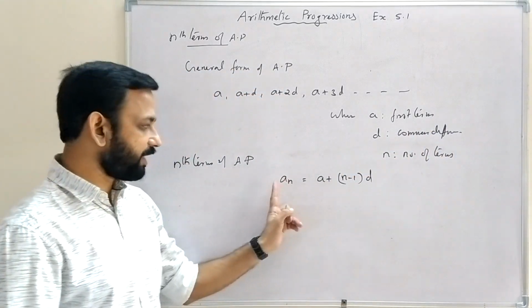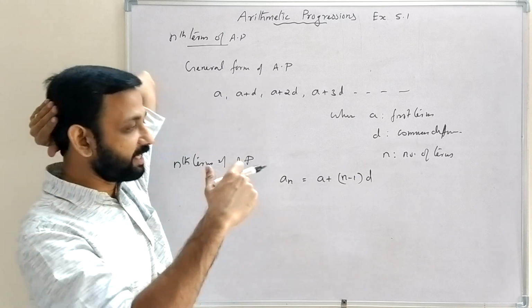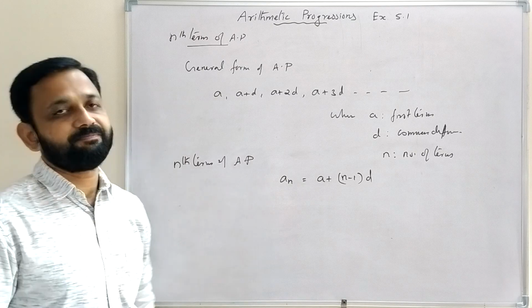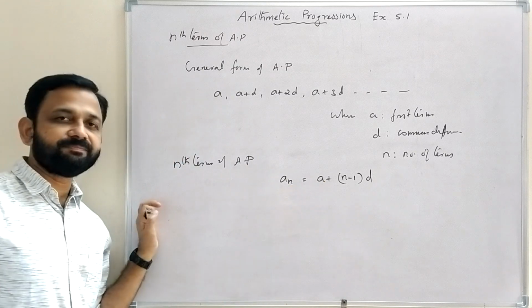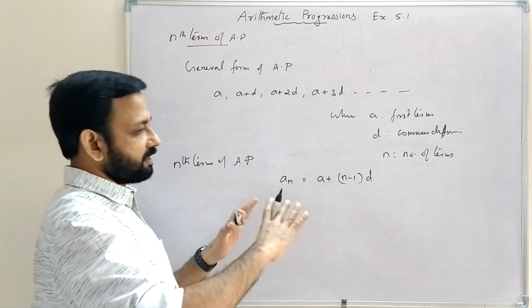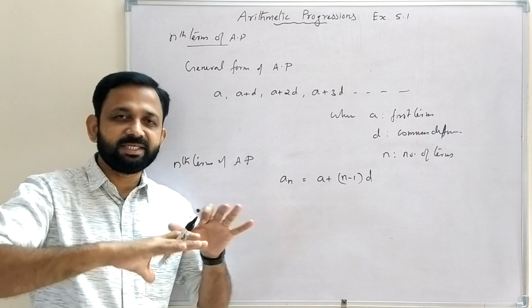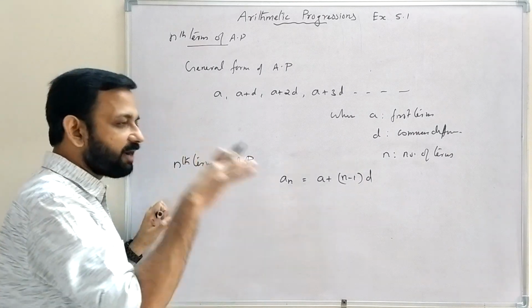So here we are following one rule. In arithmetic progression, in progressions, we can easily find the nth term. Progressions and sequences are different. Progressions and sequences are lists of numbers arranged in a particular order. But in a progression we have a formula.